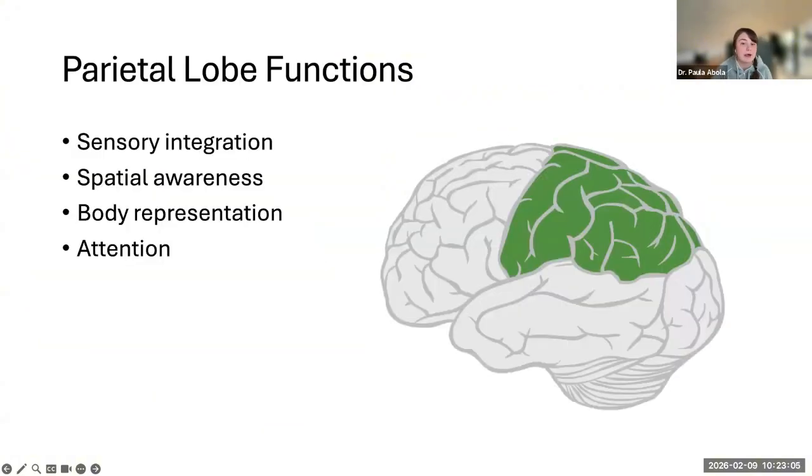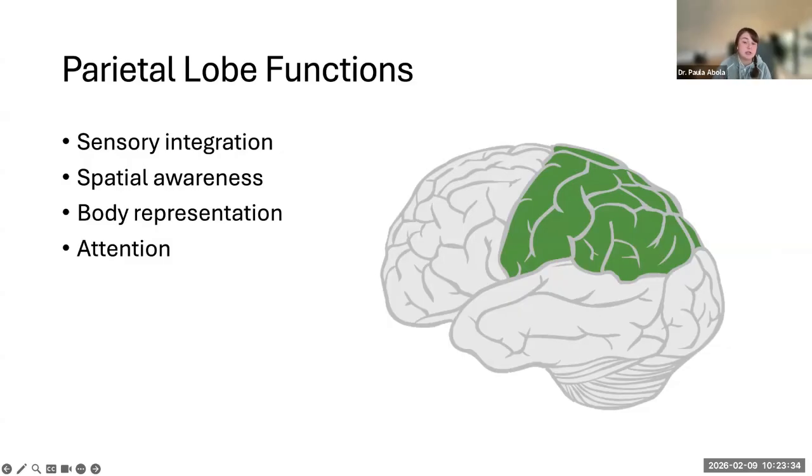Now moving on to the parietal lobes, which play a central role in helping us understand where things are in space, including the position and movement of our own bodies. They are responsible for integrating sensory information from multiple modalities, such as touch, vision, and proprioception into a coherent representation of the world and the self.